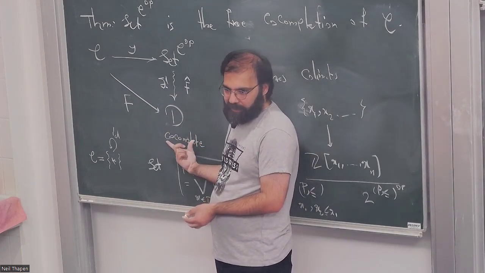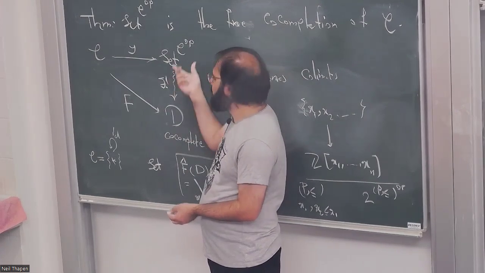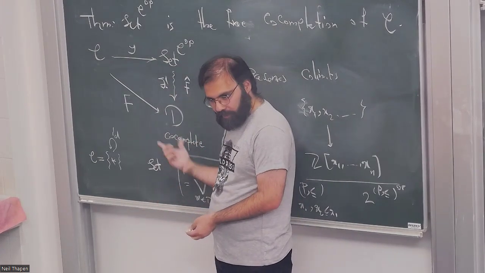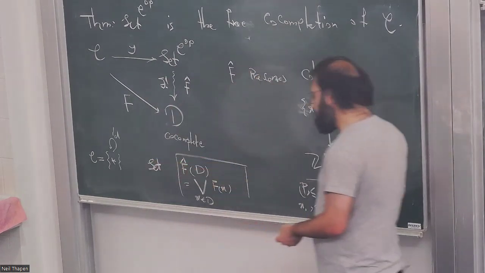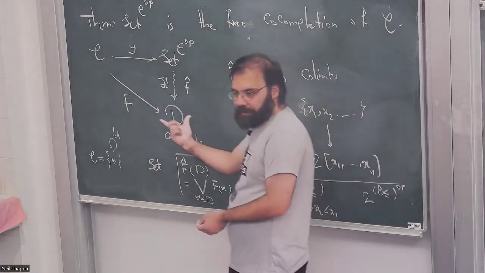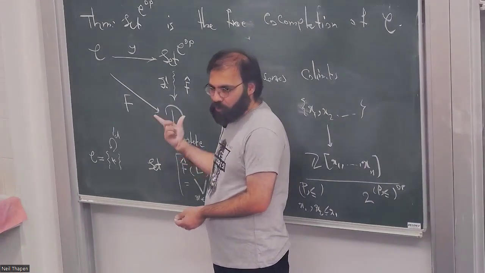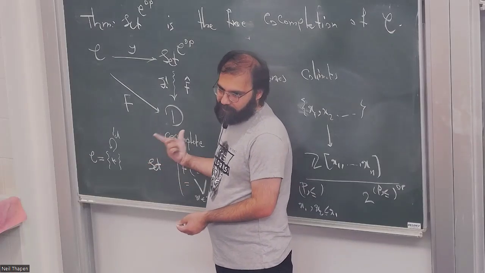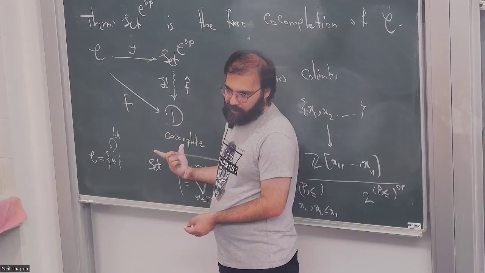So you say that it is free co-completion, meaning that it is co-complete, and with respect to all co-complete categories you have that. This is also free co-completion, but not with respect to all co-complete categories, but all co-complete posets. So it's a different version of free.